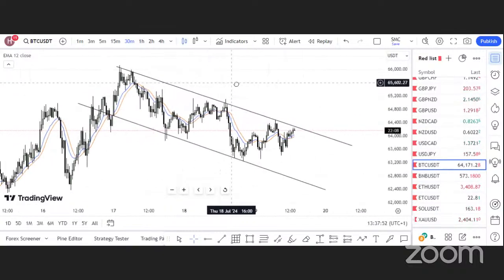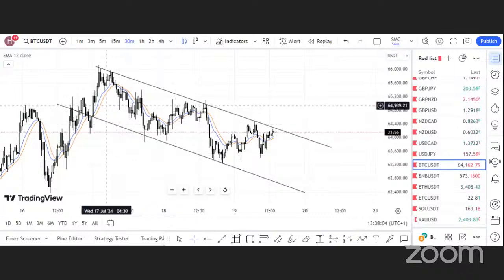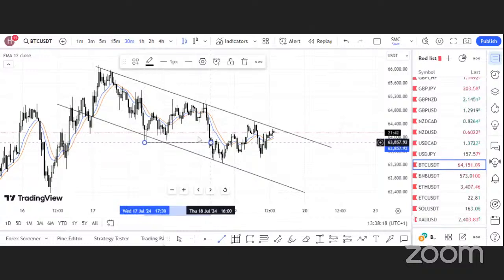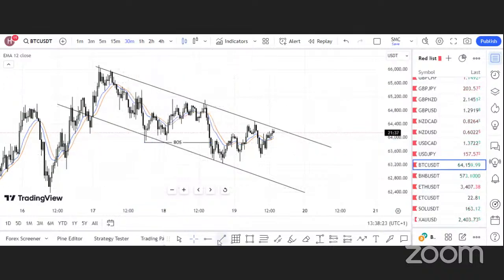So on the 30 minutes time frame, we have multiple areas where the market had broke structure. Okay, so we have a break of structure around this level. Okay, we have a break of structure. I think we have another break of structure around here.